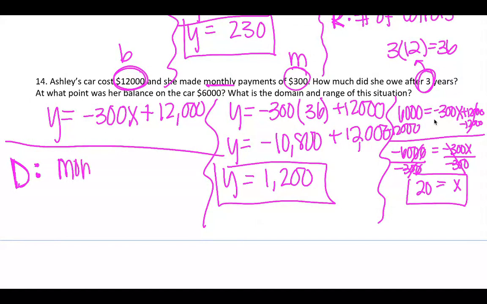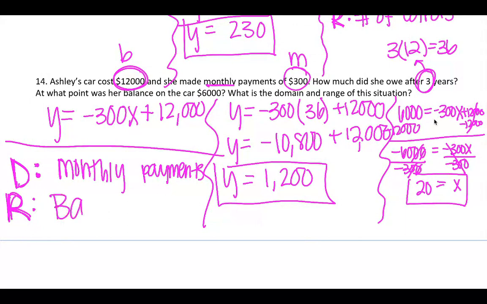Your range, your dependent variable, depends on the monthly payment. So that would be your balance that you have left, right? Balance that you have left.